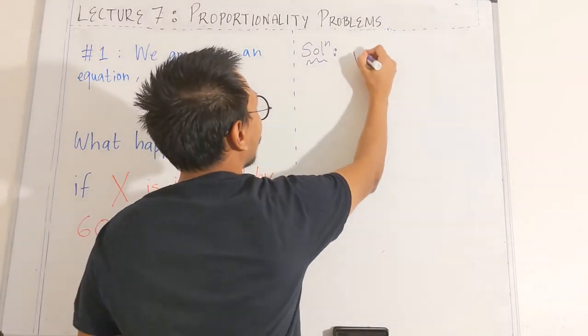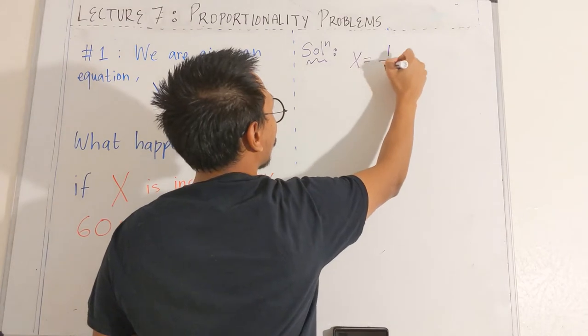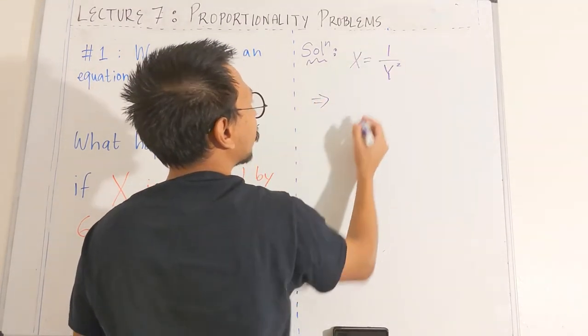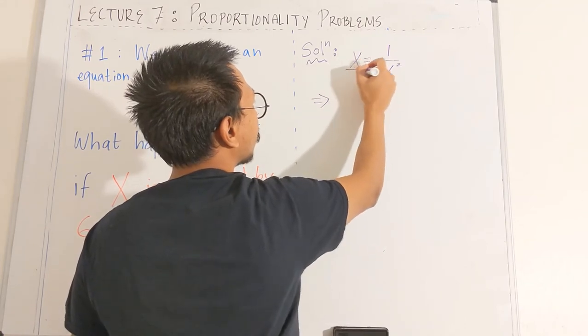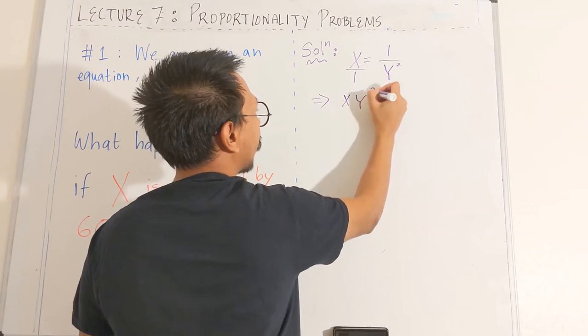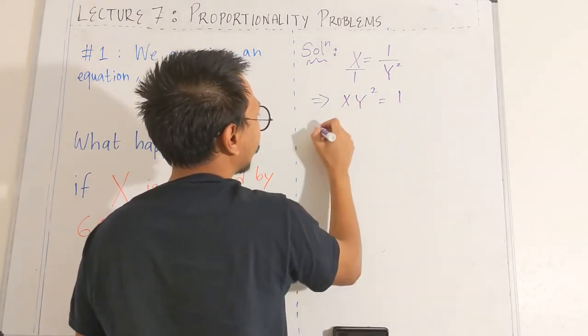Here we are given x equals 1 over y squared. Cross multiply x to y squared and 1 to 1 down here. So x y squared is equal to 1.